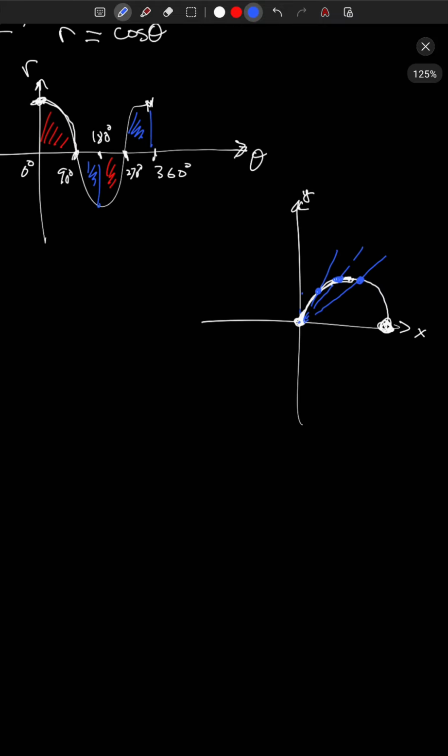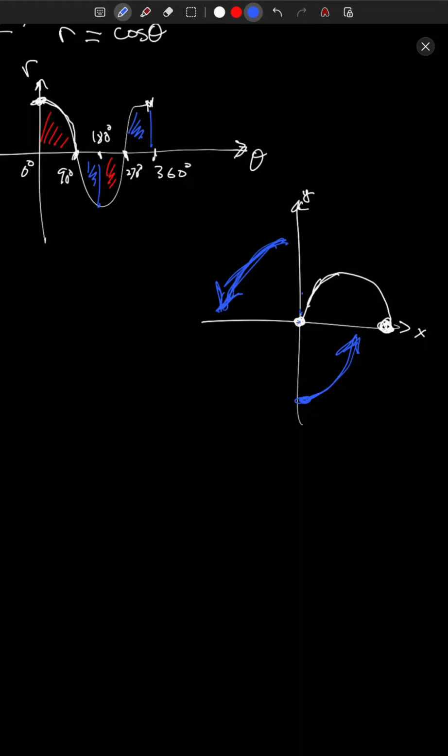Now, what happens as we travel from 90 degrees to 180 degrees? Let me erase all these lines just to make it less cluttered. 90 degrees to 180 is going to be this region here, but it's negative, so we're actually going to be drawing that way. 90 to 180 is traveling in this direction in terms of theta, but because we're negative, we're actually starting at the negative y, here, and traveling to the positive x as opposed to negative x.